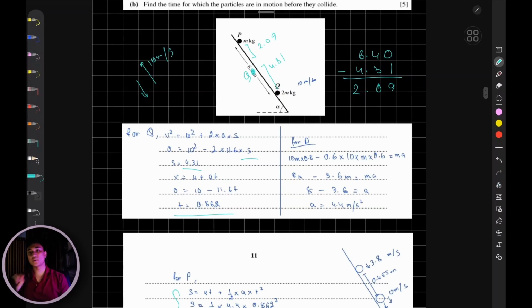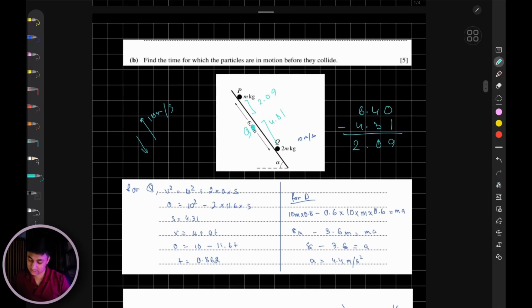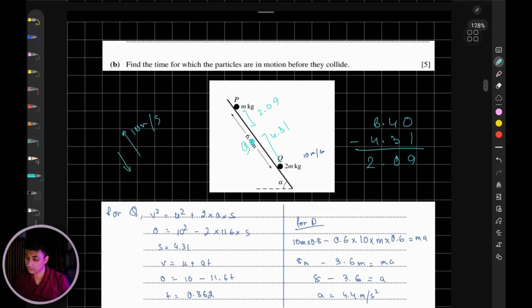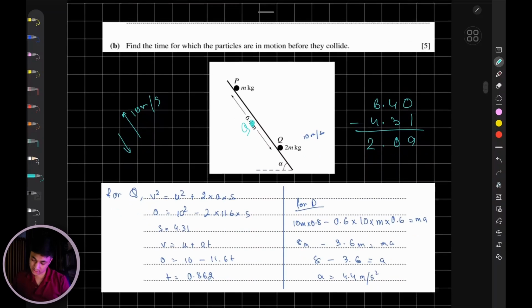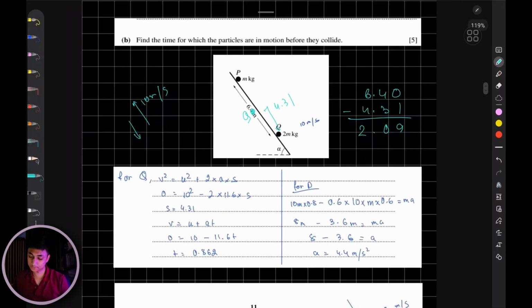This t turns out to be 0.862 seconds. Therefore, after 0.862 seconds, particle Q is going to reach this position, which is 4.31 meters. So I've understood what's going to happen in the case of particle Q.